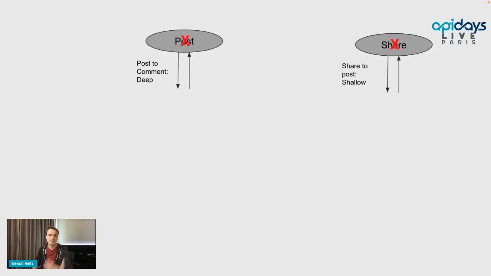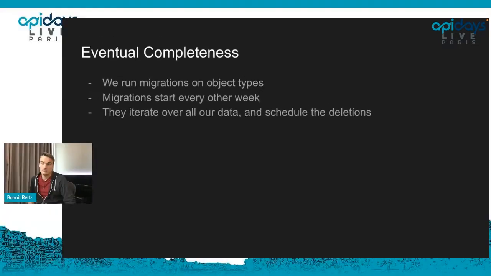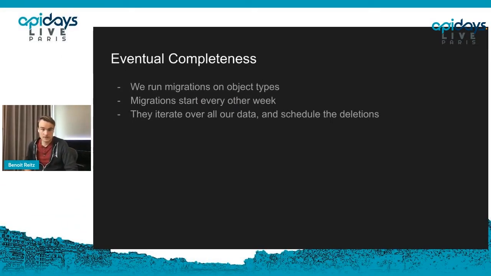And then we basically reapply the deletion logic. So if the association is deep, we're going to basically walk the graph and redelete everything that's on the other side of that edge. If the deletion is shallow, we're just going to redelete the shallow edge. They run on every object type that Facebook holds.